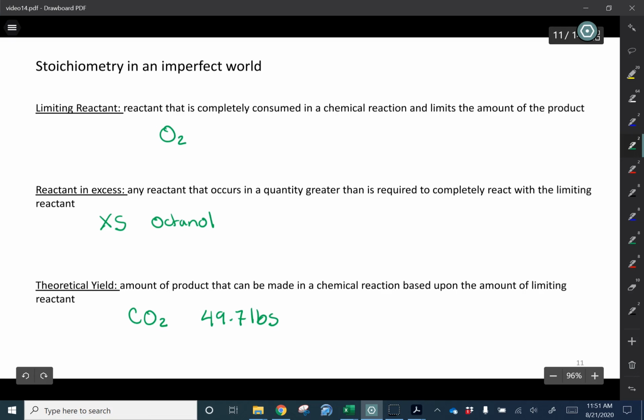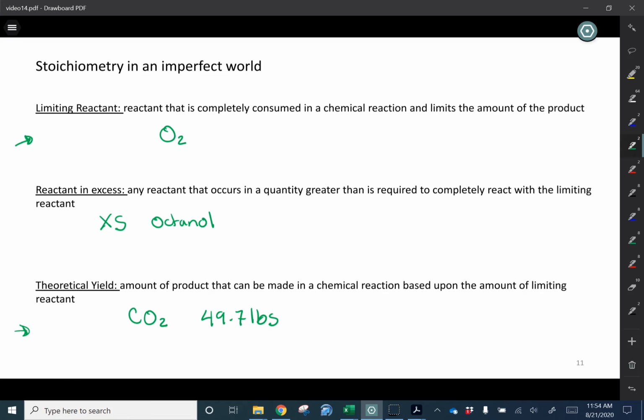Not the 140 or 25 pounds or 24 pounds that we calculated earlier based upon the octane, because we were limited in the reaction by O2. So when we calculate our theoretical yield from two different reactants, our theoretical yield is actually the smaller of those two answers.